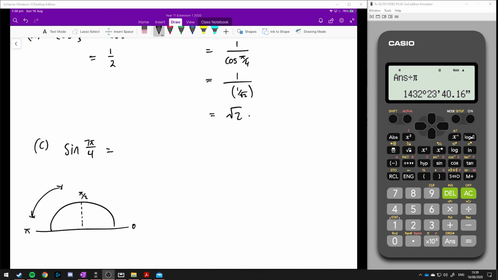Pi on 4 is over there, so it must be bigger than pi on 4. Now 7 pi on 4 is the same as having 7 times pi on 4s.